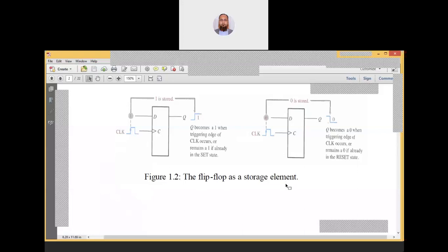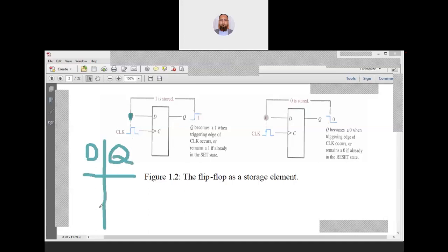No need to tell you, just a reminder, this is a D flip-flop and this is a D flip-flop. If we apply an input of 1 here, the output will become 1. D flip-flop, if you remember the table, is like a mirror.